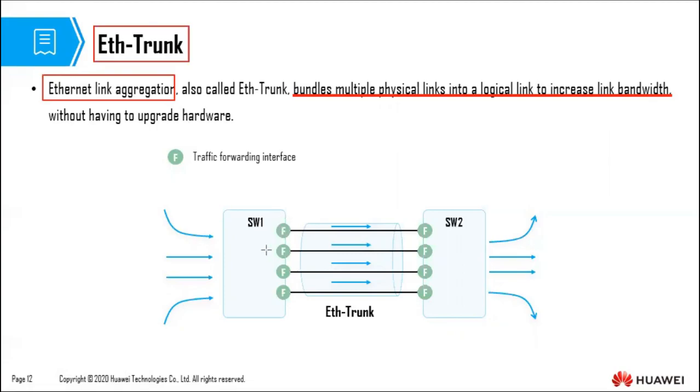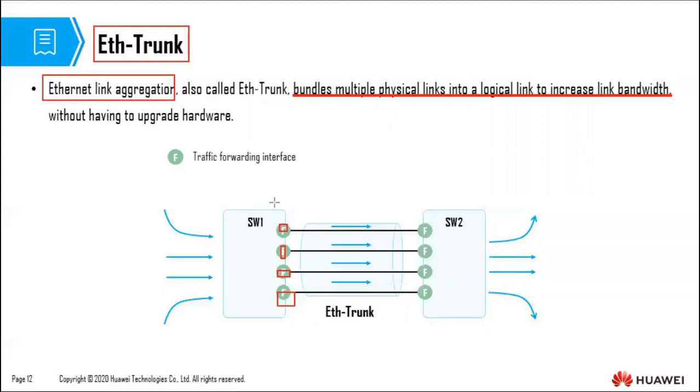These interfaces are 1 gigabit Ethernet interfaces, each one of them. So these on 1 gig, these on 1 gig, these on 1 gig, these on 1 gig. Now, if we bundle these interfaces together to form an Ethernet trunk, then the sum of the individual bandwidth is going to be the bandwidth of this logical interface.